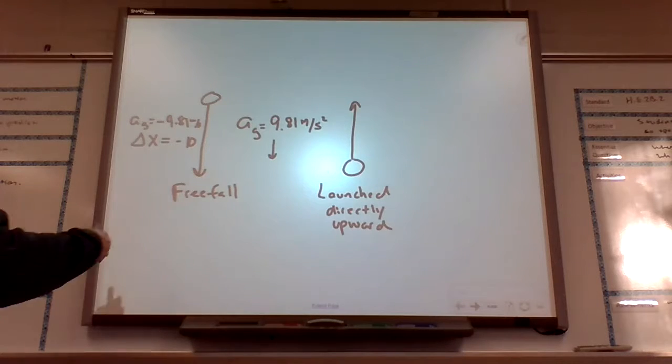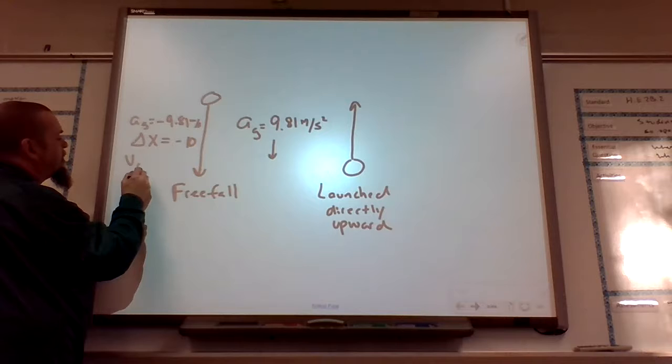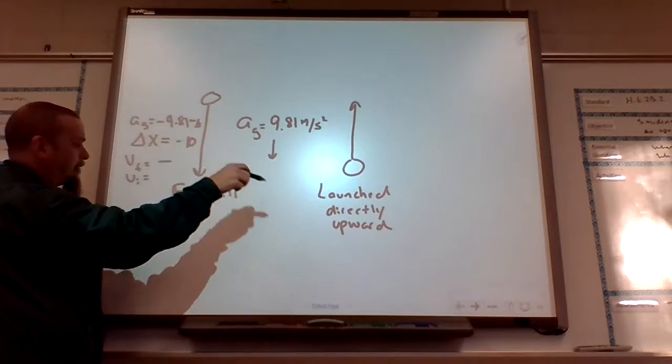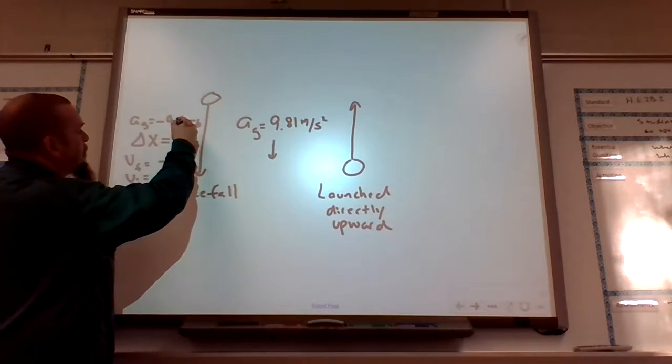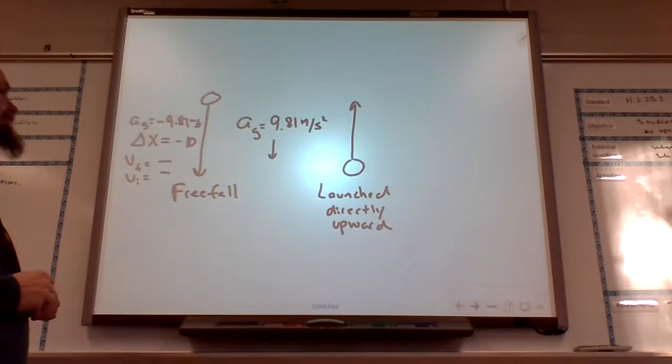You'd also have to treat your velocities as negative in this case too. Your v_f and your v_i would have to be negative numbers. This would be negative whatever. Your v_i, if you're just dropping, it would be negative zero. Everything would be treated as negative in a free fall situation.